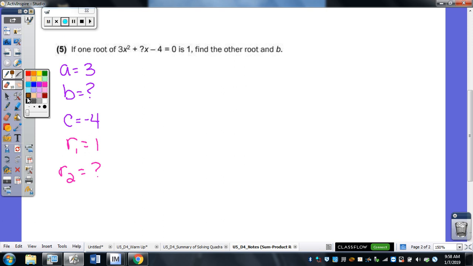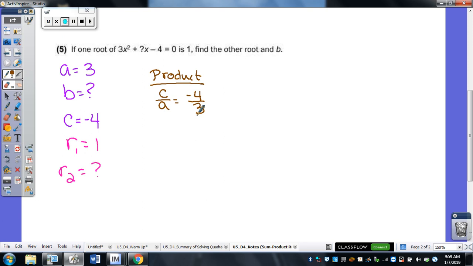So let's see here. We know c and a from our formula, so that's going to be product. So the product of our two roots is going to be c over a, which would make it negative 4/3. So when I multiply my two roots together, it has to equal negative 4/3.